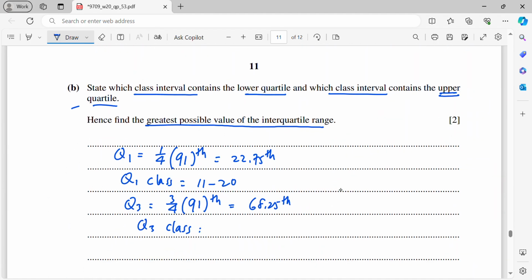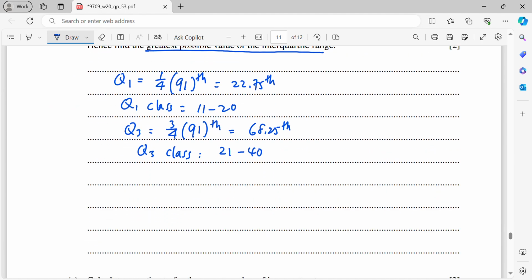So 21 to 40. Now you need to find the greatest possible value for the interquartile range, the greatest IQR. It will be the biggest minus the smallest.